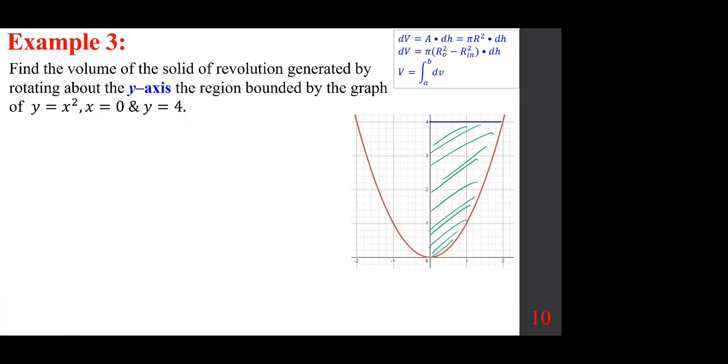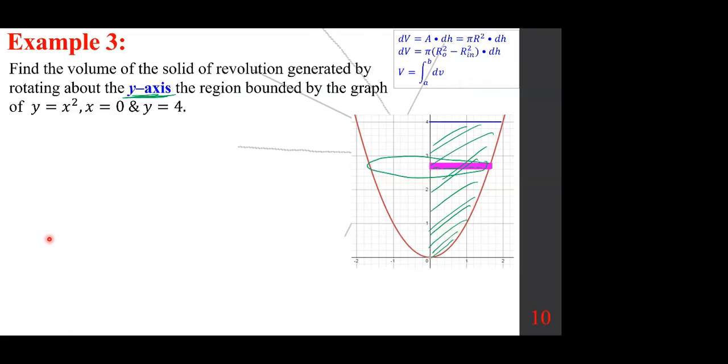okay, and so if I were to pick up a typical strip, it would be like this, and when I revolve it about the y-axis, it gives me a disk, but along the y-axis. So what do we need?